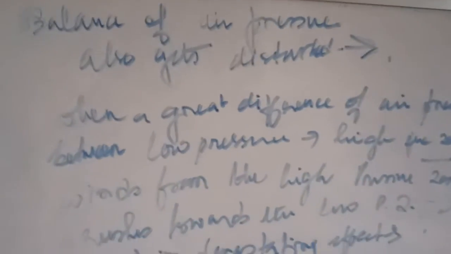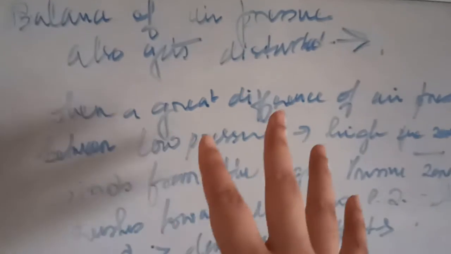So we know that there is a global balance of air pressure and a wind system on the earth's surface, but sometimes the pressure difference between two areas becomes very vast or very huge.